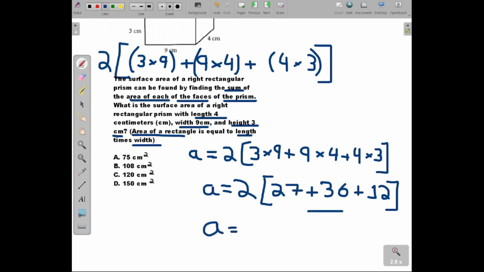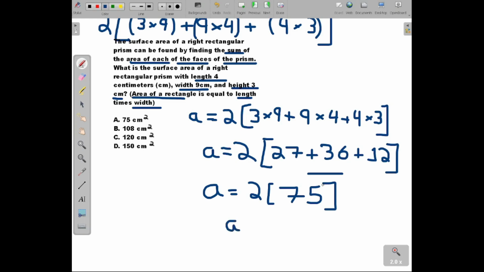The area is equal to 2 times 27 plus 36 plus 12, which is 75. And finally, the area is equal to 2 times 75, which is 150. And it's in square centimeters. Therefore, the right answer is D.